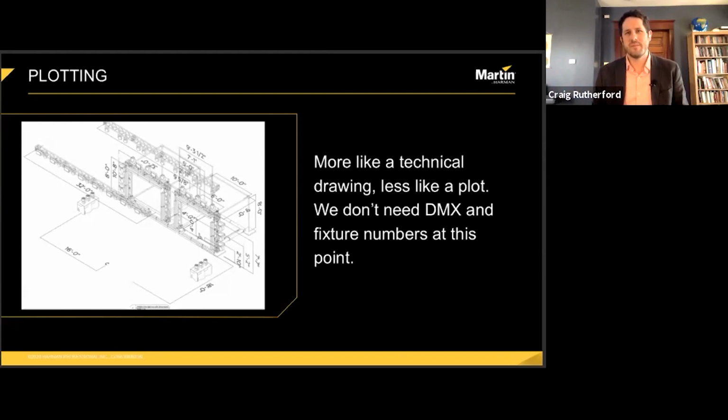So while I'm intentional about placement and making sure that things are appropriately and well placed, and I take the time to do the actual lighting layout like I normally would, I don't worry about creating detailed plot views that show DMX addresses, fixture numbers, circuit information, that sort of thing at this stage.